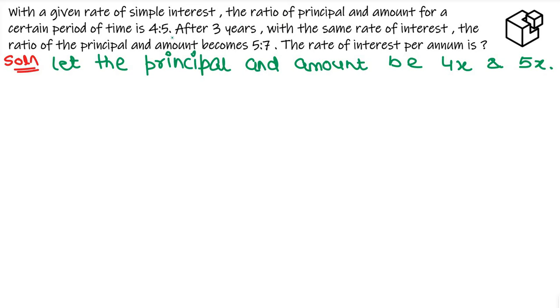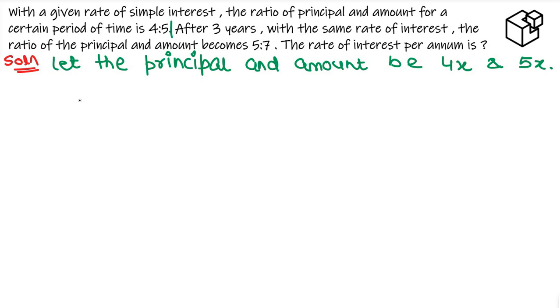At this point of time we have a ratio between principal and amount of 4x and 5x, and now if I move further 3 years, the ratio of principal and amount is 5:7, right? So what will I do about that? Let's think about that. The principal will obviously remain the same.